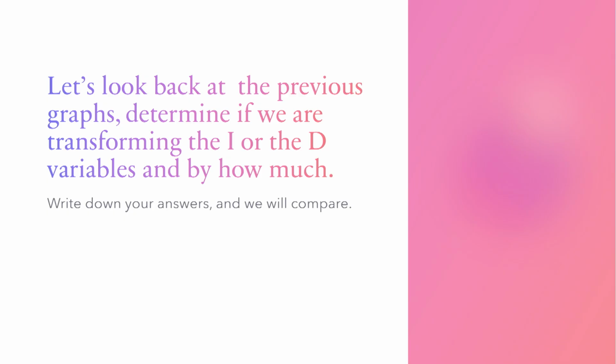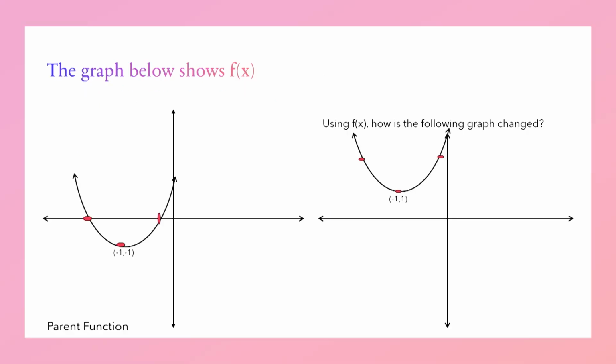It says, let's look back at the previous graph. Determine if we are transforming the I for independent or the D for dependent variables, and by how much. Write down your answers and then we'll compare. So what did you do?